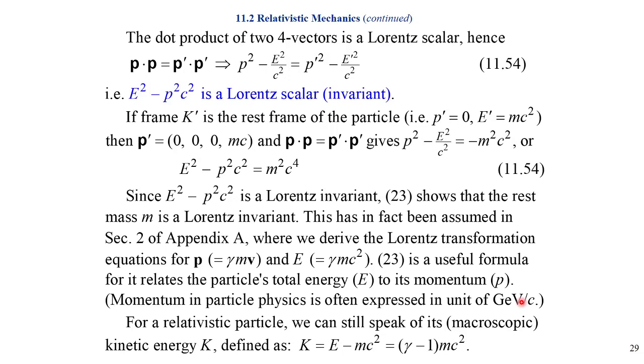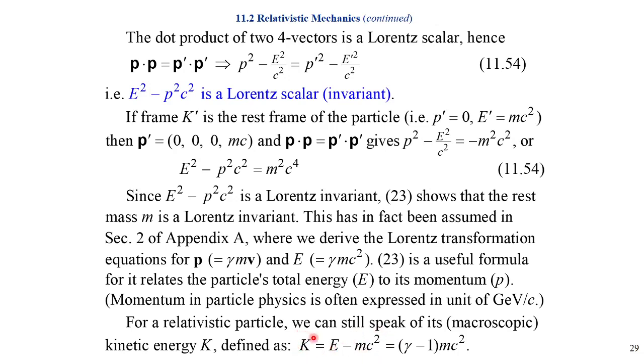For a relativistic particle, we can still speak of its kinetic energy. Its kinetic energy is defined as E minus mc squared. mc squared is constant, the rest mass energy.